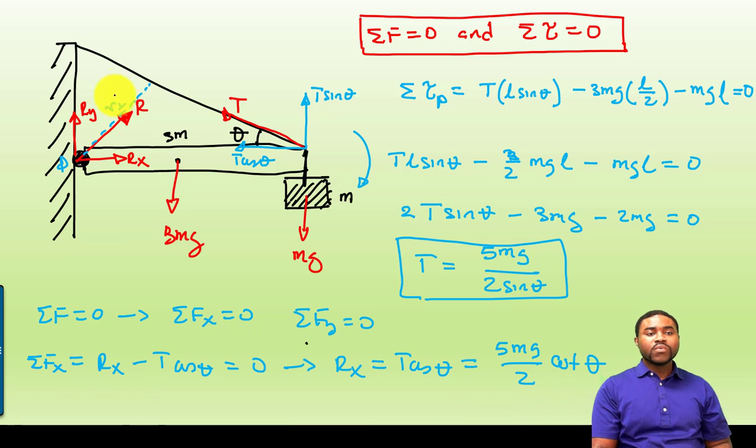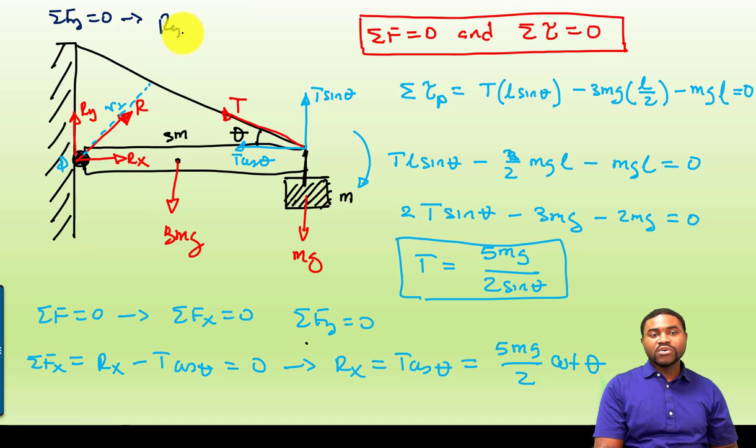Similarly, we know that the summation of Fy is equal to 0, which means that Ry plus T sine theta will be equal to 4mg.